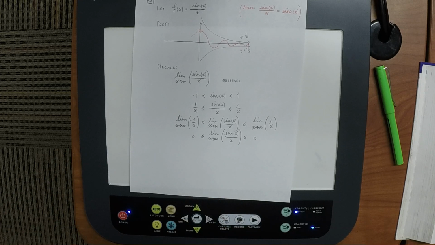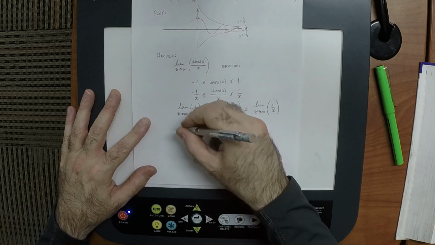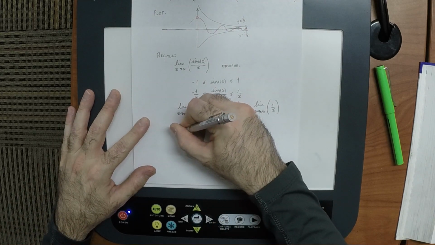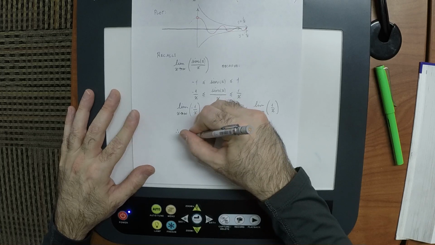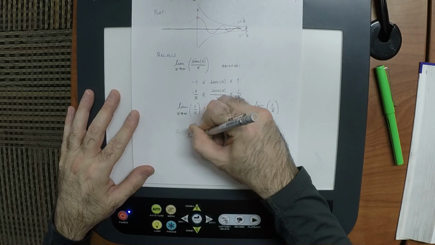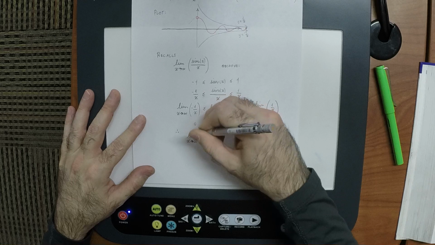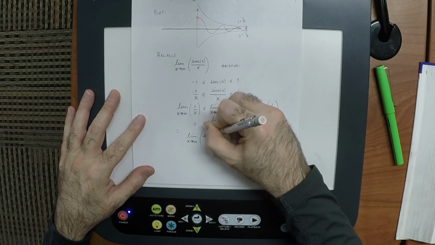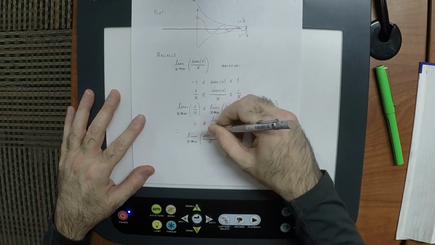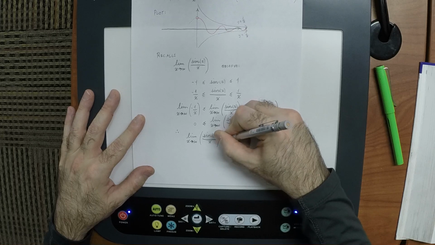So what can we say? It's got to be 0. Therefore, the limit as x goes to infinity of sine of x over x is 0.